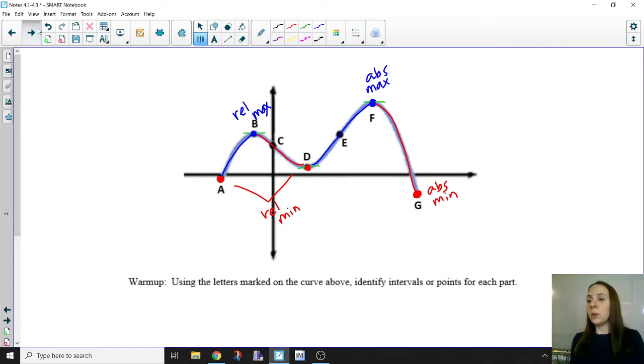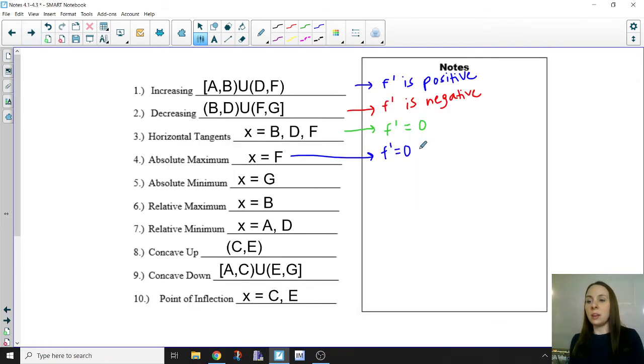Or a way that we can note that as what is going on in terms of our first derivative is that f prime changes from positive to negative. I'm just going to put plus to minus because I'm kind of running out of room there. So again, f prime was equal to 0 and f prime changed from positive to negative.